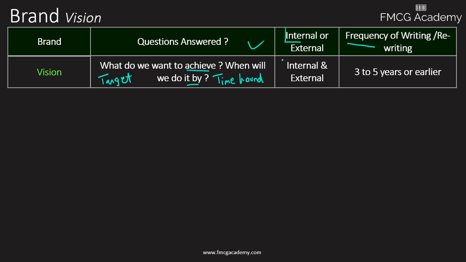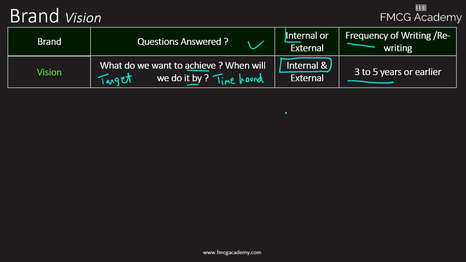Brand visions are more commonly written internally. You will find organization visions which are put out externally in the annual reports and other documents, but brand visions, and don't confuse that with the advertising tagline, is typically written internally, and by internally obviously we include all the key agencies the organization works with, like packaging, media, advertising, etc. And typically you should review this every 3 to 5 years.